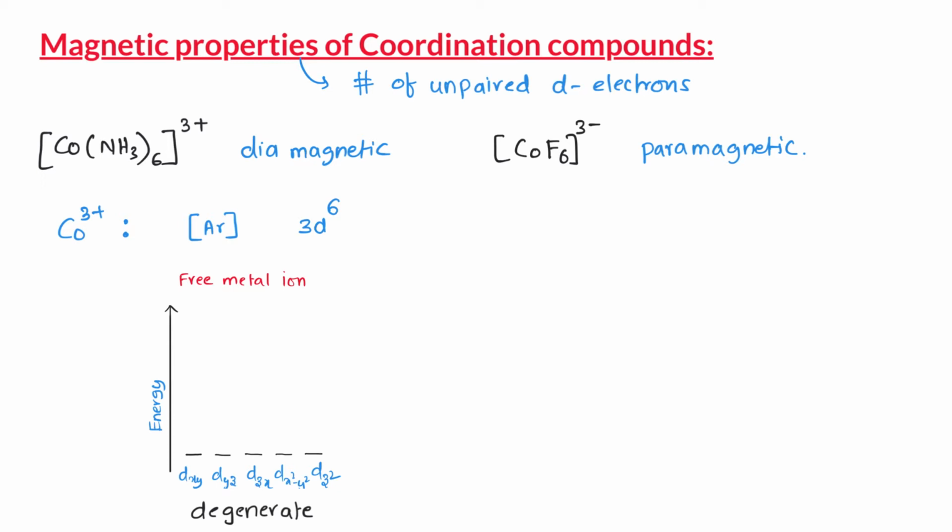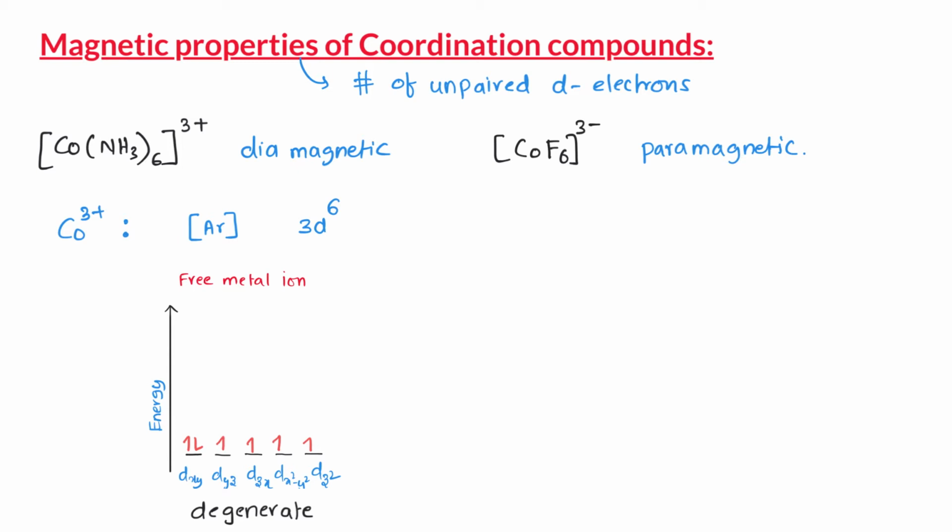According to Hund's rule, when filling the electrons into degenerate orbitals, place 1 electron each in all the orbitals, maintaining parallel spins before pairing them. So this is the electronic configuration of cobalt 3 plus ion in its free state. We have 4 unpaired electrons. Therefore, the metal ion in its free state will be paramagnetic.